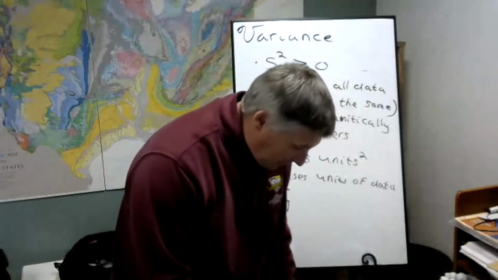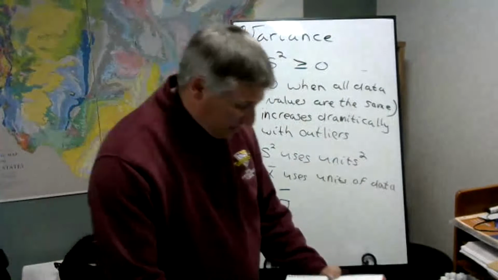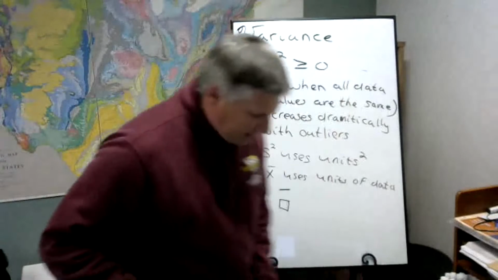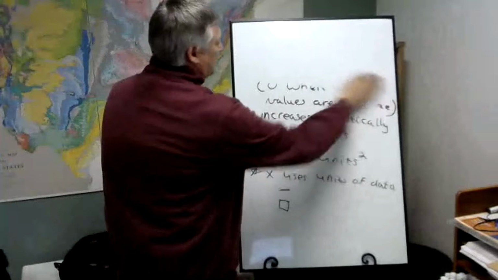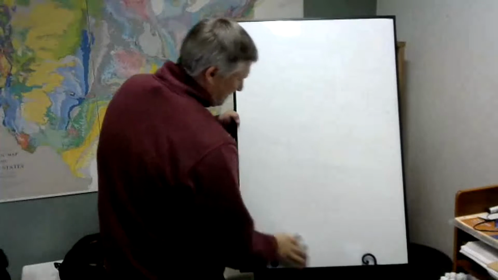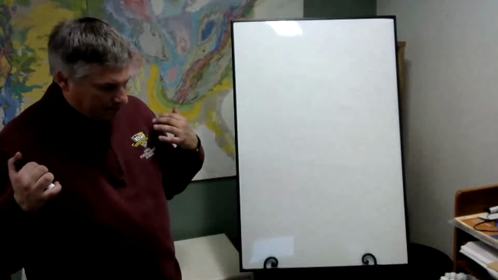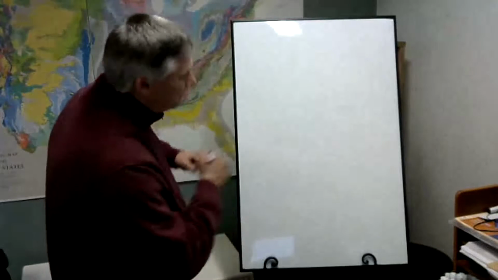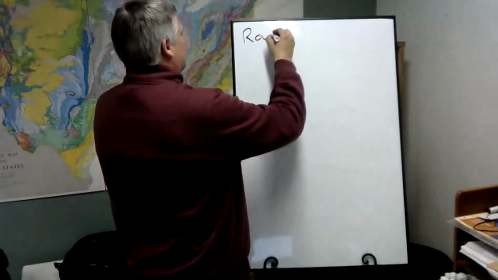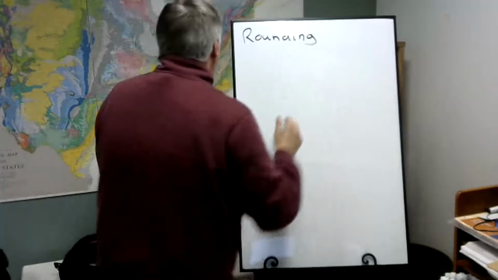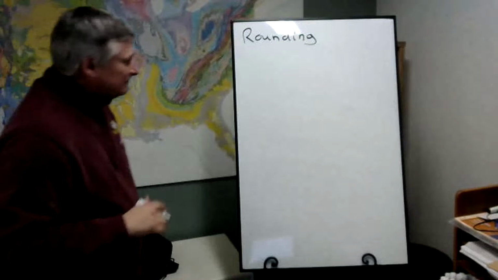So there you go. One last thing to mention, and it's actually kind of in the beginning. We talked briefly about measuring centers of data, where everything congregates, and we talked about rounding. There's some rounding to mention for variation also.